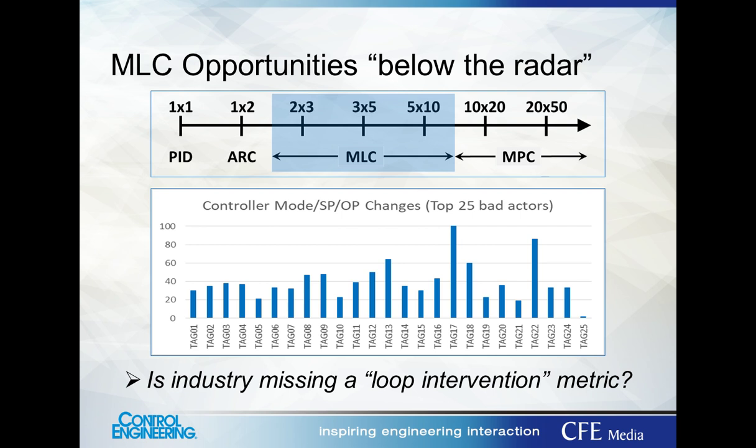This is a chart of the number of loop interventions in terms of set point, mode or output changes at an operator console over a given time period. And these are the 25 worst actors, the loops requiring the greatest number of operator interventions. This is an easy chart to make on any modern DCS console.